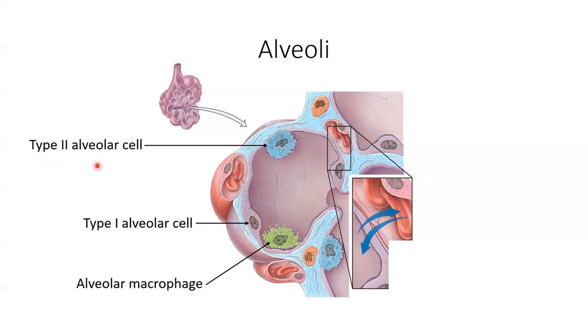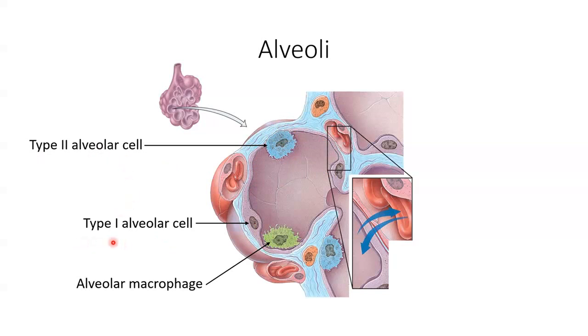And then we have our type 2 alveolar cells, sometimes also called septal cells, which are fewer in number, and they're found in between the type 1 cells. So these purple cells here that pretty much go all the way around that alveoli are our type 1 cells. These rounder blue cells are our type 2 alveolar cells.